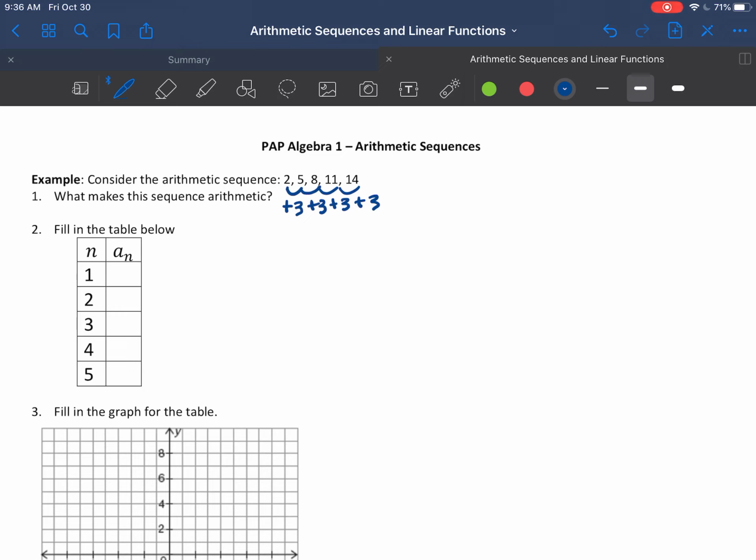Add 3 more to get to 14. And so that makes this sequence arithmetic because there is a common difference. Some people say constant rate or constant difference. Common difference, D, is 3.